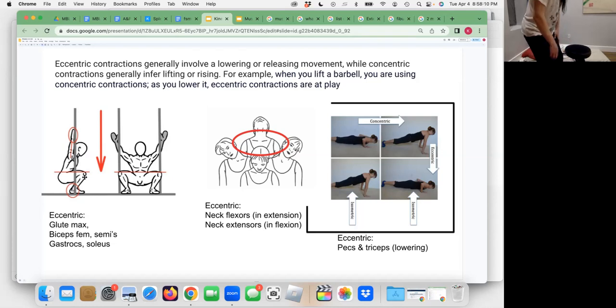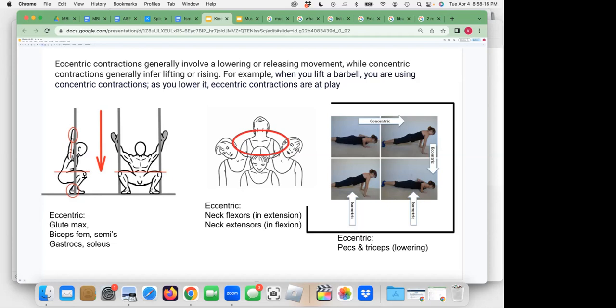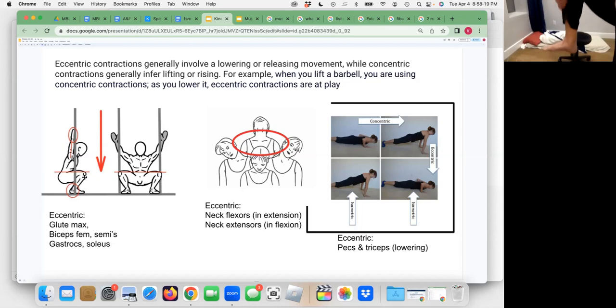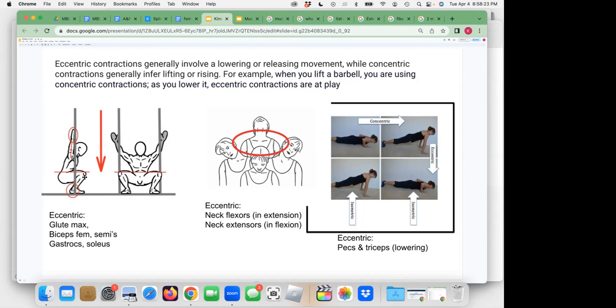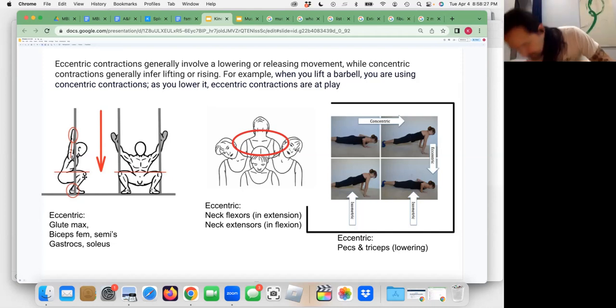Can you feel your shin muscle contracting? And can you see how the foot is moving into dorsiflexion? As I squat down, my foot is going like this, right? So is the tibialis anterior contracting eccentrically or concentrically with that dorsiflexion?